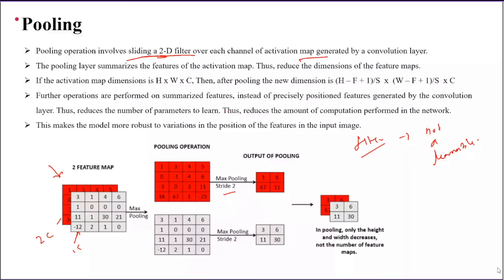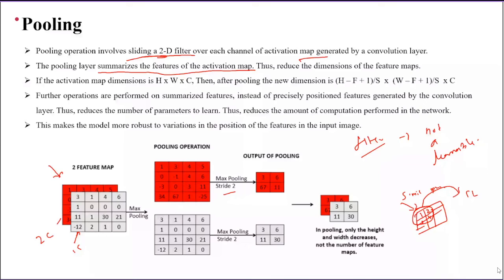The main purpose is to summarize the features of the activation map. For example, suppose you have an activation map like this, and you have some 1, 2, 3, and 4. This patch will have similar properties. So instead of giving this as a whole to the next convolution layer, we are reducing this dimension, and that is done with the help of pooling.